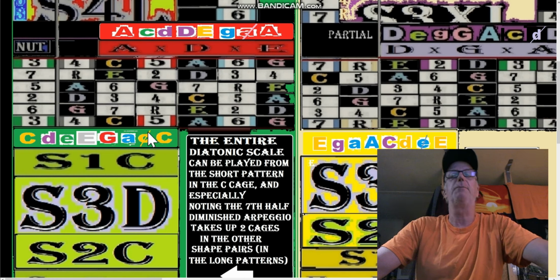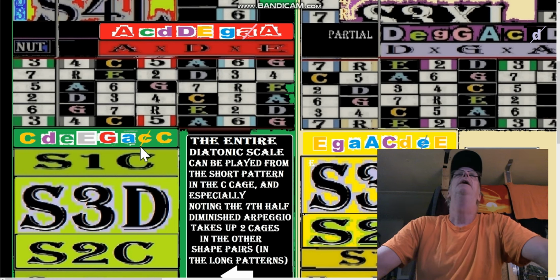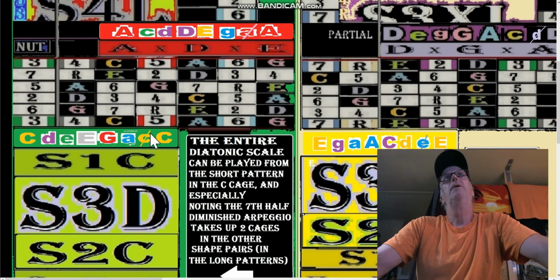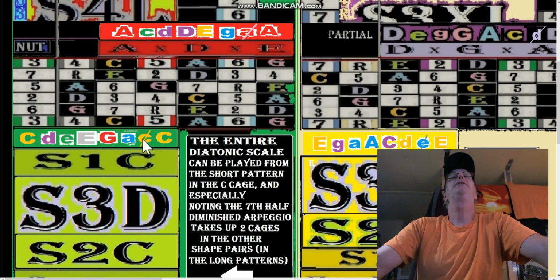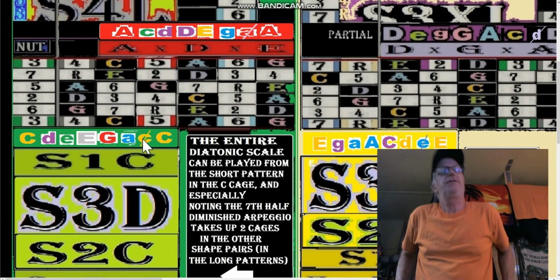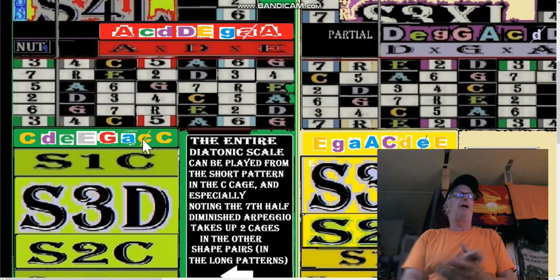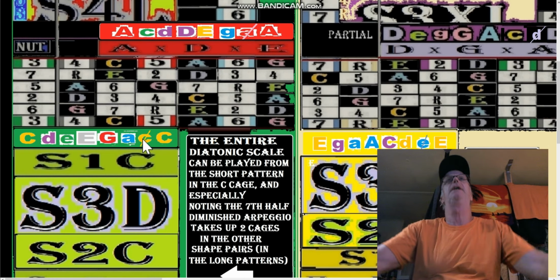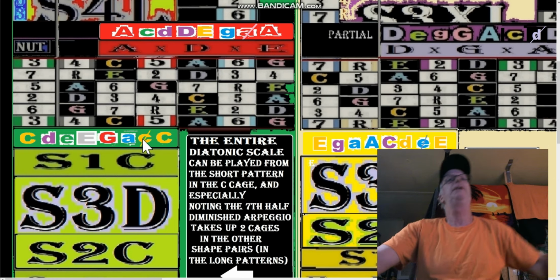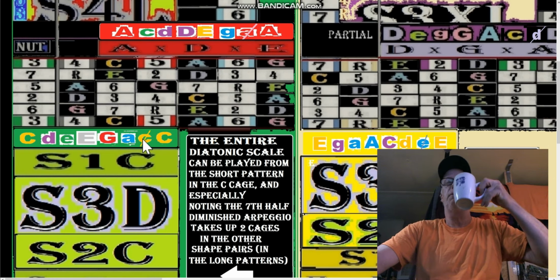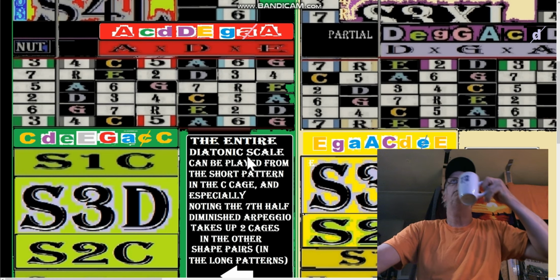So the half diminished is a circle with a line through it. It looks like a cent sign, or a shrimp on a stick there. But the thing is, it's the same basic shape as the C. And now this is the second point we kind of stumbled onto that I didn't cover last night, and I found out on my own without doing a video what I have to cover with this subject is the modals.